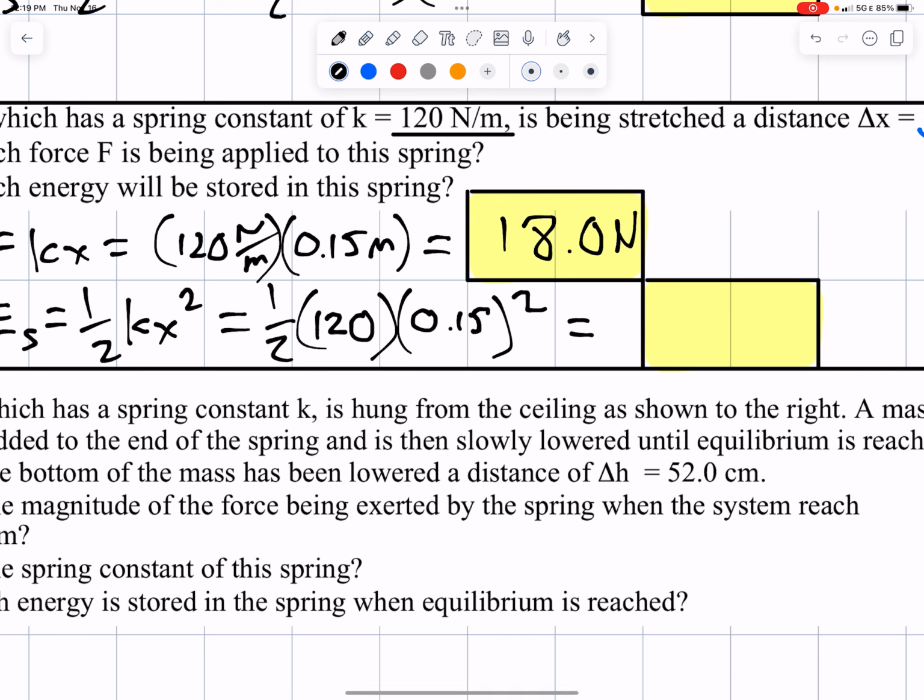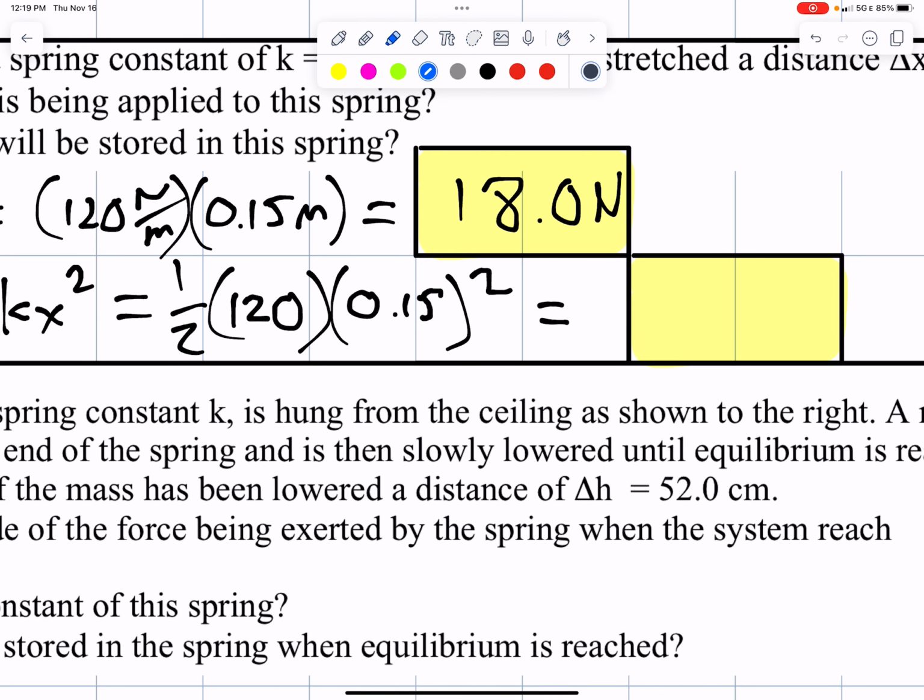So you're plugging in the same stuff, but into a different type of relationship. So again, start with 0.15 squared, then times K, then divided by 2. Go ahead and take a moment to put that in your calculator. And if you did this right, you should be getting about 1.35 joules.